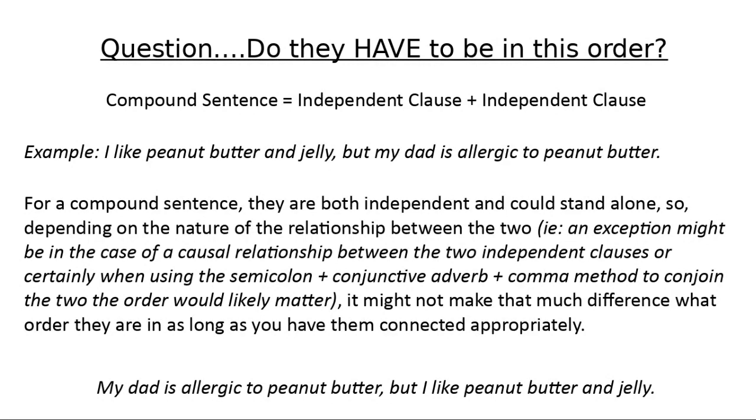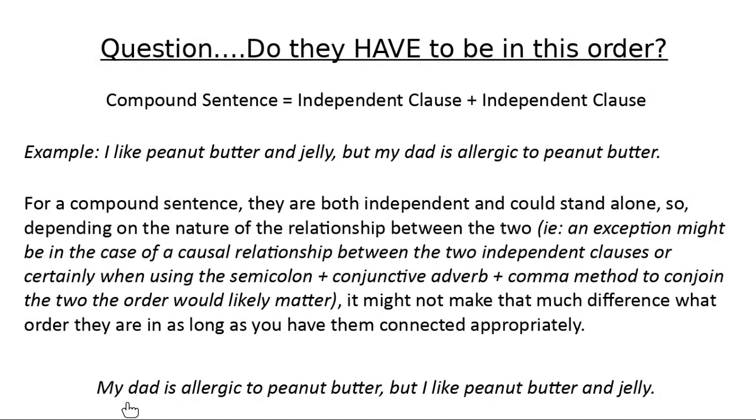Like, let's look at this example. I like peanut butter and jelly, but my dad is allergic to peanut butter, right? That's our first example up here at the top. We know I like peanut butter and jelly is our first independent clause, and my dad is allergic to peanut butter is our second independent clause. Well, let's flip them around. What would it look like?